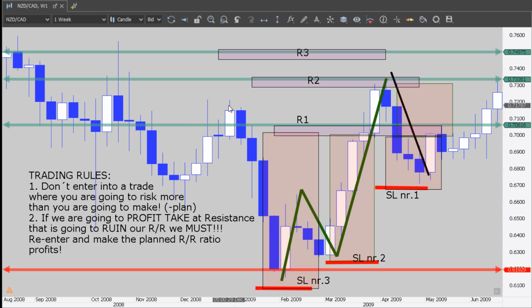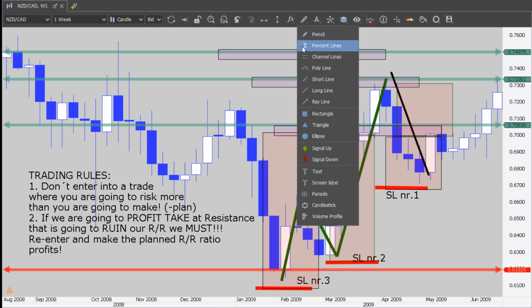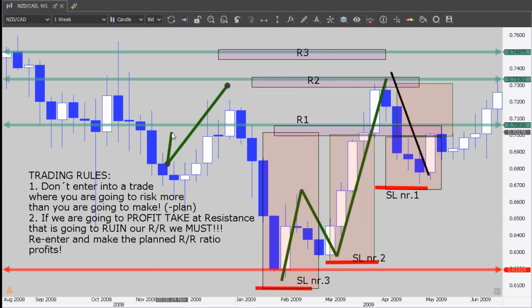Okay, so let's explain this trading rule first. You must learn this, everybody. Number one, don't enter into a trade where you are going to risk more than you are going to make, right? So this is a plan, and I'm going to use Romer as an example.